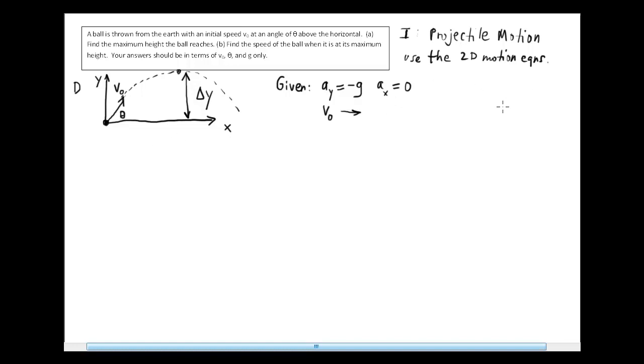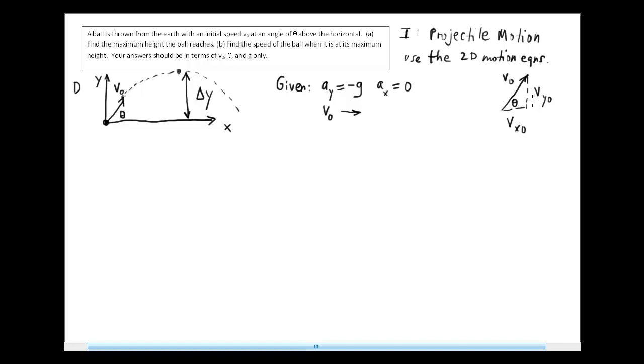If I just draw a little vector diagram here, there's my v0 vector, and I know that it's got x and y components. Those are what we call vx0 and vy0. And the angle theta, again, is in that triangle.